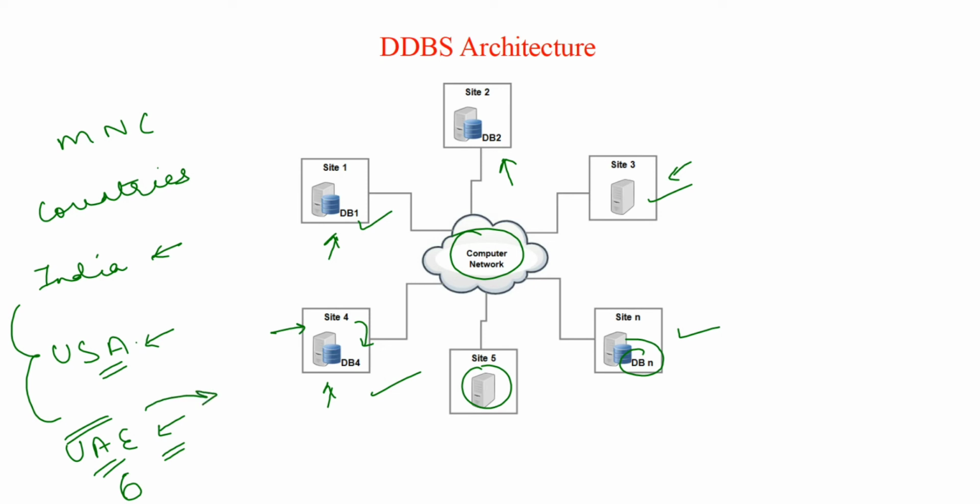But these are connected through the internet, so India can access the data of UAE employees as well if they have permission, but there will be some latency because India is distant from UAE and is accessing over the internet. It is possible to access the data via the computer network, as is visible and obvious from the diagram.